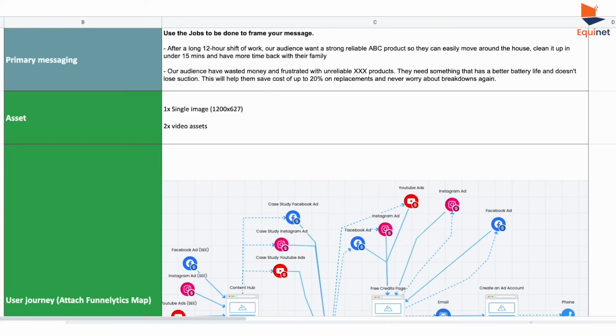Primary messaging is what the message of your campaign is. For this, you should use the jobs to be done framework, which we went through at the start of this learning unit. As a refresher, this is a framework to help you understand the things customers are trying to achieve in very specific circumstances. What is the exact problem they're facing and how can it be solved?